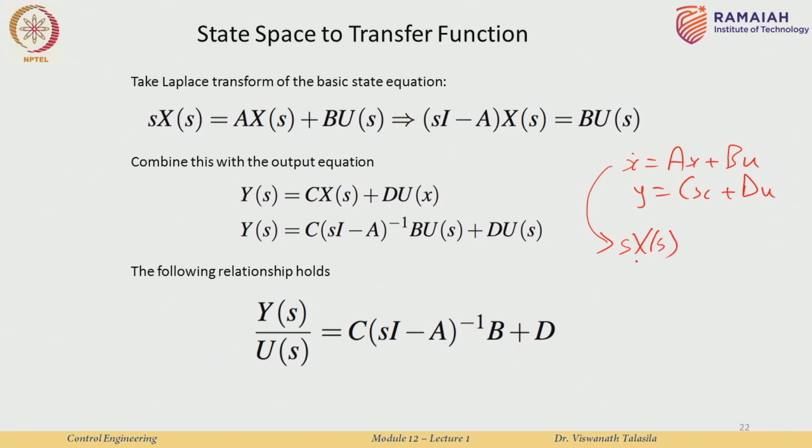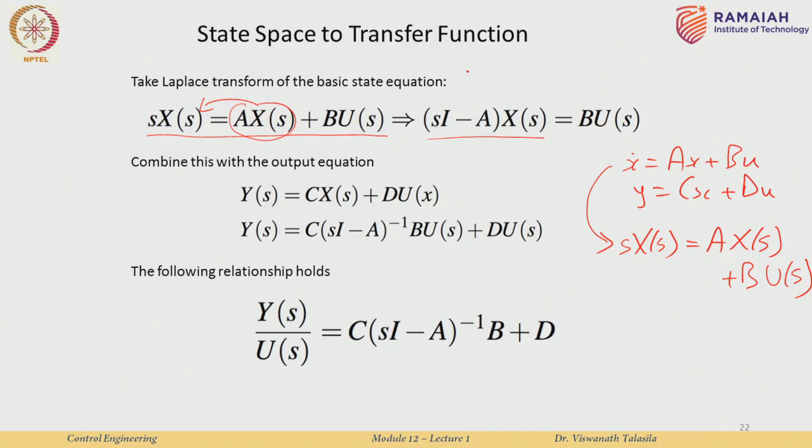So you get s X(s), and then you get A X(s). Remember that A is a constant matrix, so it just stays as it is, as for B, C and D. So this is the first term of the Laplace expression, that is what I have written over here. Now you take this term onto the left hand side and you subtract, and you are going to get sI minus A times X(s) is equal to B times U(s).